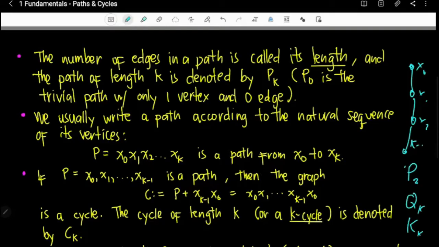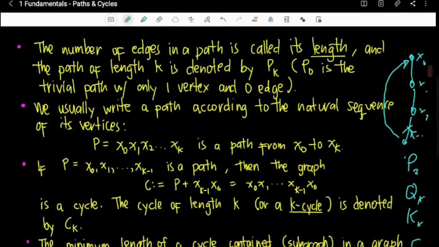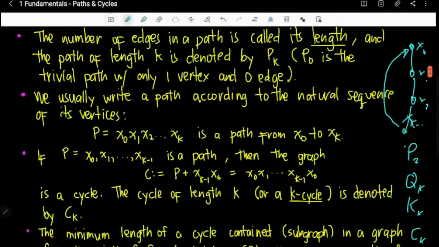So, meron tayong k vertices, k minus 1 edges. Tapos, idadagdag natin yung last edge na k minus 1 to 0. I-connect mo yung x sub k minus 1 doon sa initial na x sub 0. So, that becomes a cycle. Now, the cycle is of length k since meron tayong k edges. So, the number of vertices and the number of edges in a cycle are the same.